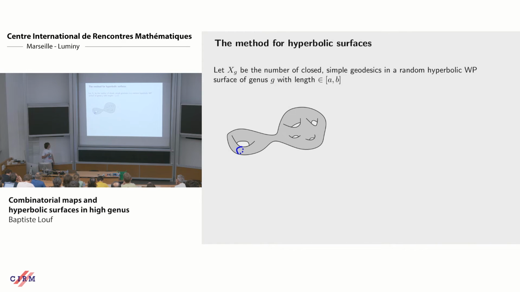First you have to prove that with high probability this curve is non-separating. I will sweep this under the rug, but given that it's non-separating, you can cut along it. Then you obtain a surface that has genus G minus 1, but now has two boundaries.